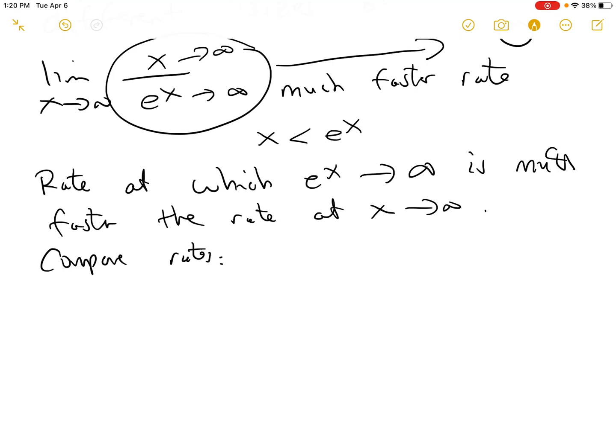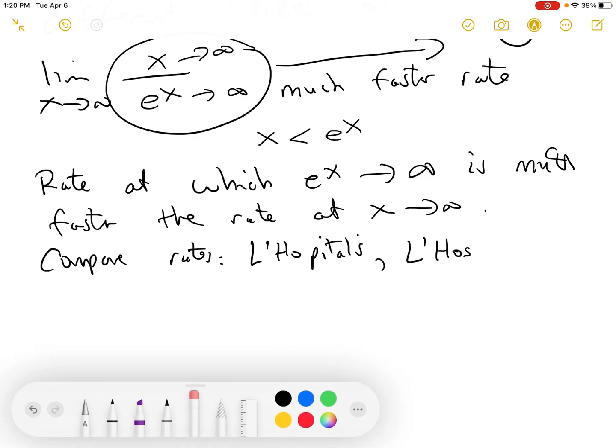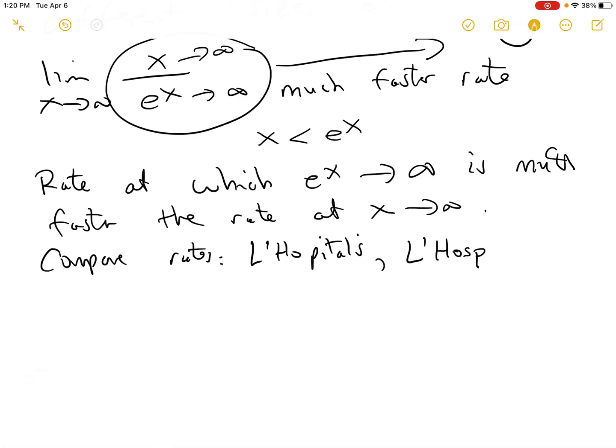And this brings into account this rule called L'Hopital's rule. Now there seem to be differing opinions on how his name is spelled. He was a French mathematician. And some people write it like this, like hospital.